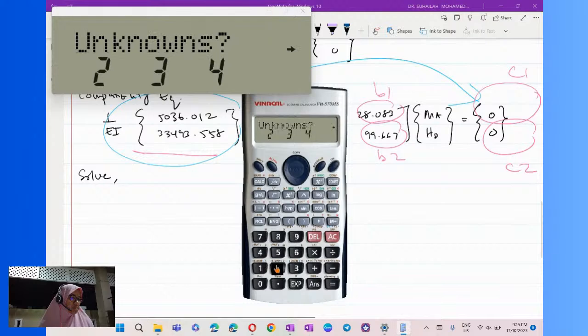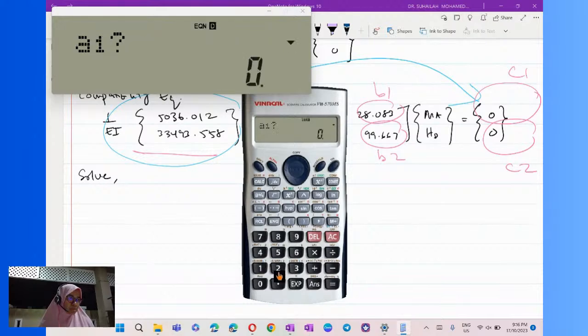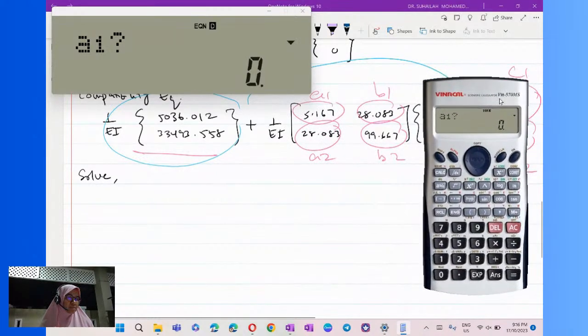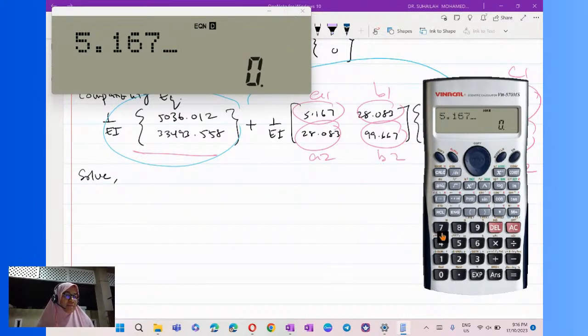Equation, 2 unknowns. A1 is 5.167. B1 is 28.083.